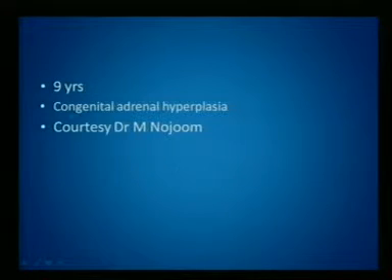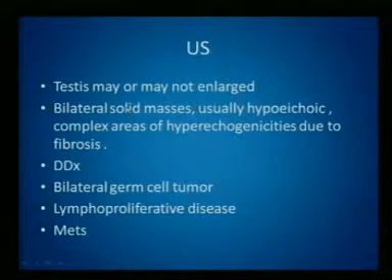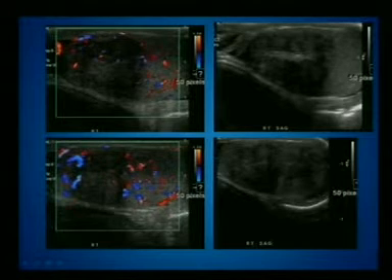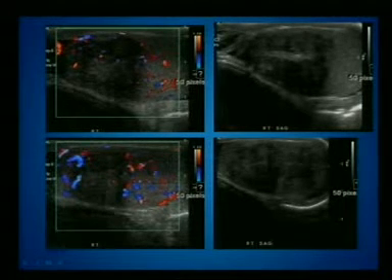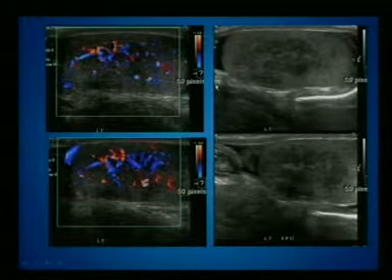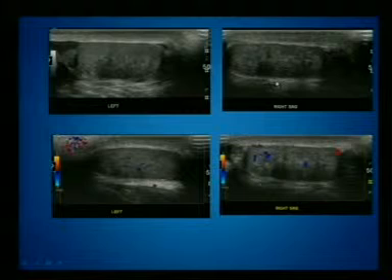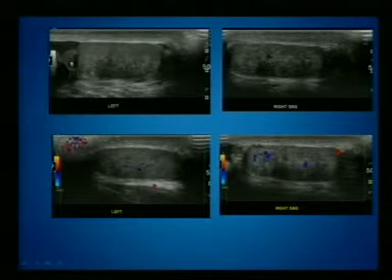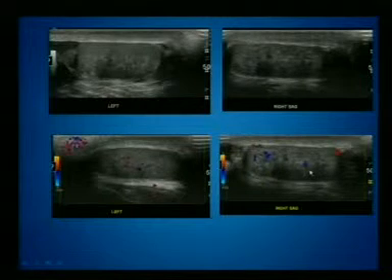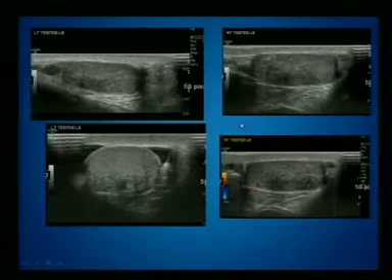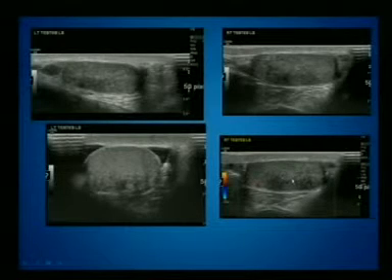This patient, 9 years old, with congenital adrenal hyperplasia, this case from Dr. Nujum, has bilateral infiltrative fibrosis involving both testes around the mediastinum. At follow-up 16 months after the first scan, the infiltrative fibrosis around both mediastinum decreased in size, and at follow-up 2 years, it is almost burned out of the tumor.